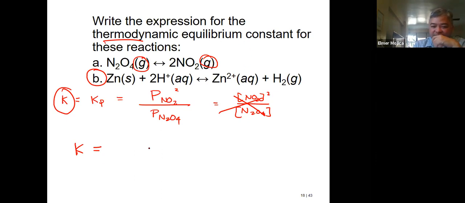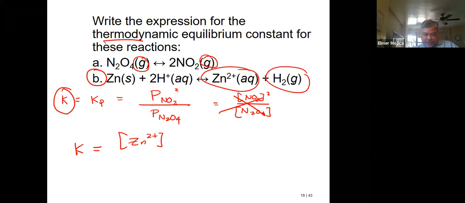So you have this, which is aqueous, and then you have this, which is gas, so you have pH2.